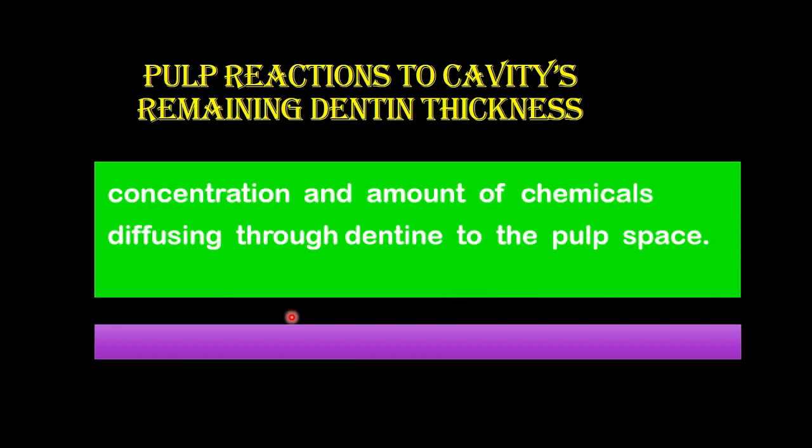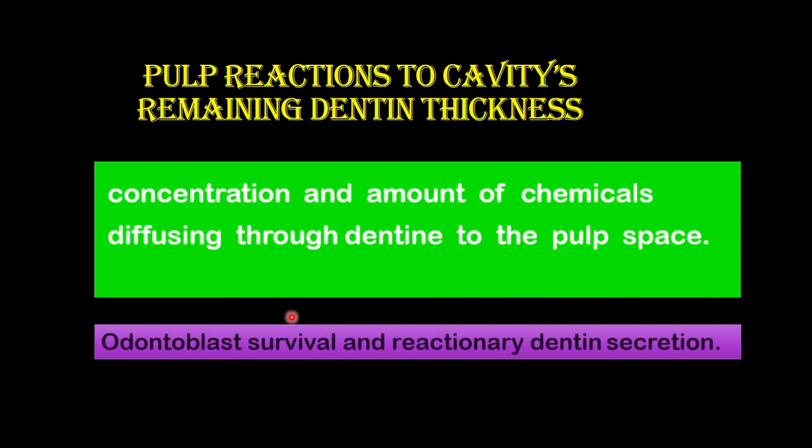Next factor is pulp reaction to cavity remaining dentin thickness. So the cavity remaining dentin thickness dictates two factors, that is odontoblast survival and the reactionary dentin secretion. These two important factors are governed by the remaining dentin thickness.